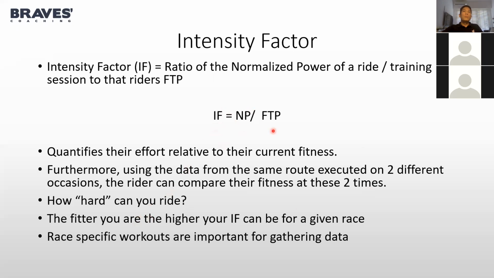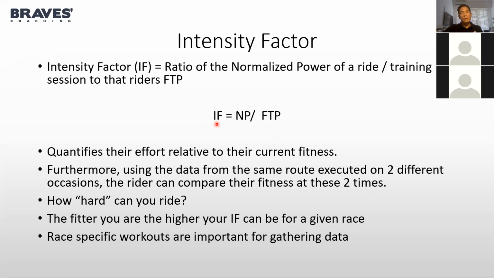So for example, if we rode 90 Ks, and my FTP is say 240, and my normalized power for this ride at the start of the season was 170, but then before the race, I could do it at 190, then my intensity factor would be better, and I would know that I can ride it closer to like 0.8 intensity factor.